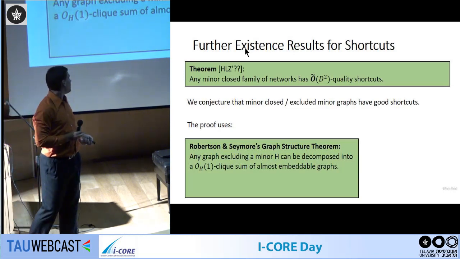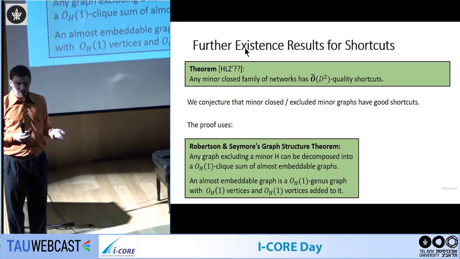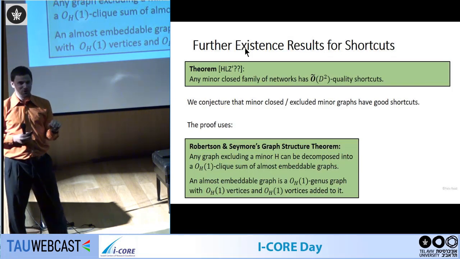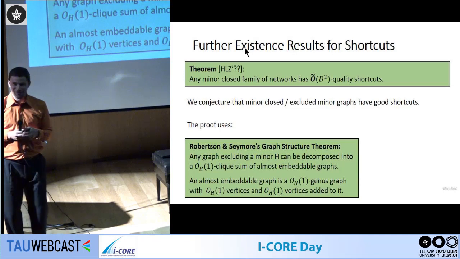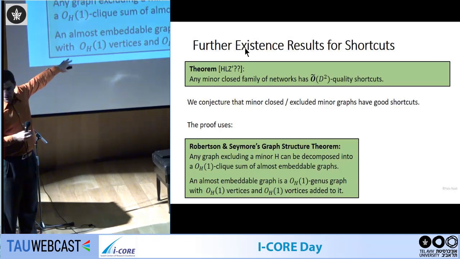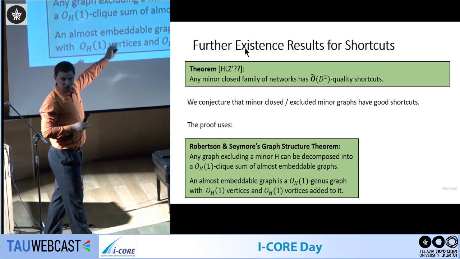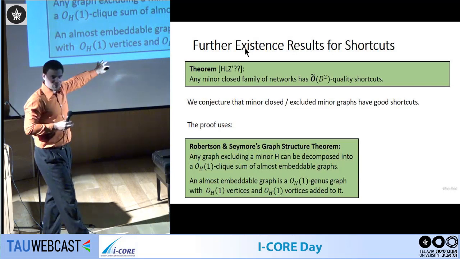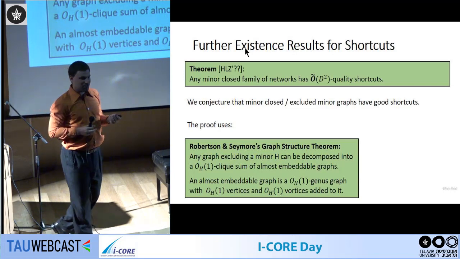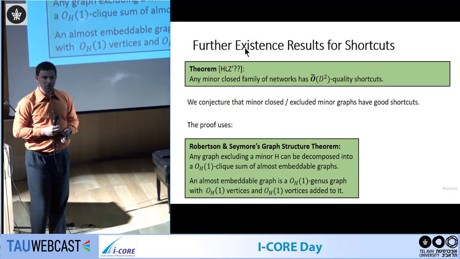Almost embeddable means that they embed into some constant genus surface, and I get to add some extra vertices to it, and I get to add some extra vortices to it. And believe me, you don't want to know what a vortex is. It's a nasty thing. But you can already see clique sums, adding vertices, and bounded genus. Combining all of this together with the theorem is still a whole lot of extra work, but that's roughly how we prove it also for excluded minor graphs.